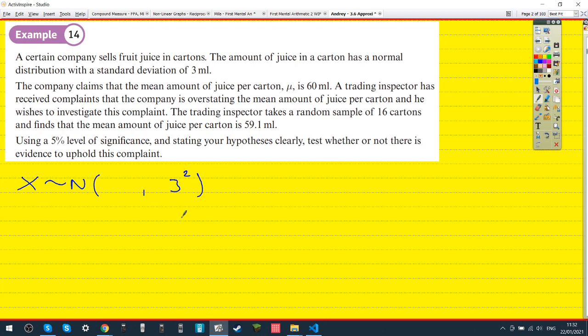This would be the variance. The company claims that the mean amount of juice is 60. Okay, mean of 60. A trading inspector suspects that they're overstating the mean. Random sample of 16 finds it's 59.1. Okay, wait, how do we do this one?